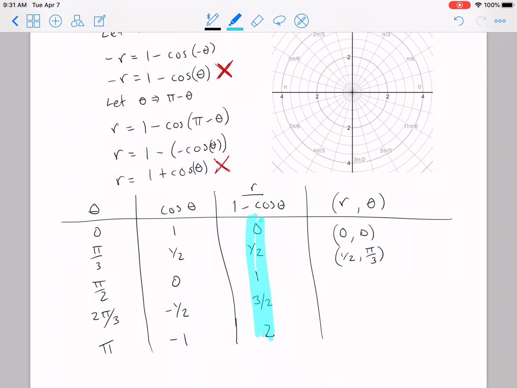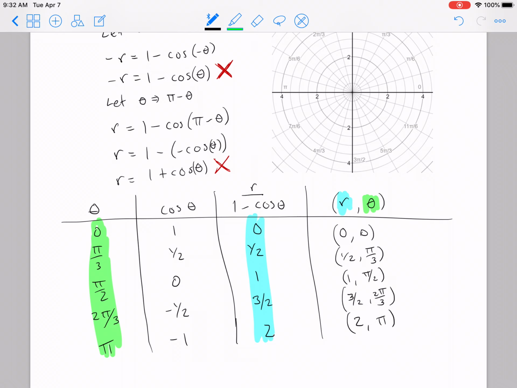This column is r, and this column I'm getting from right here, these thetas. So we'll get 0, 0 as a point, 1/2, pi over 3 as a point, then 1, pi over 2, 3/2, 2 pi over 3, and then 2 and pi right there.